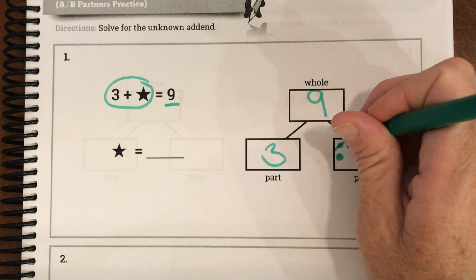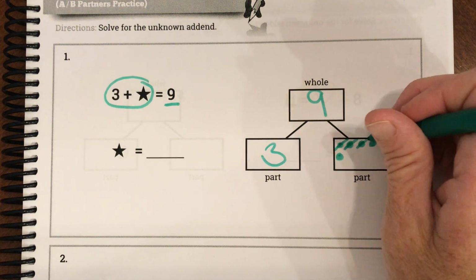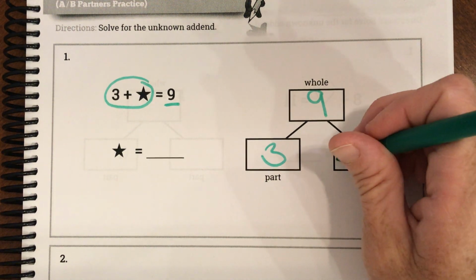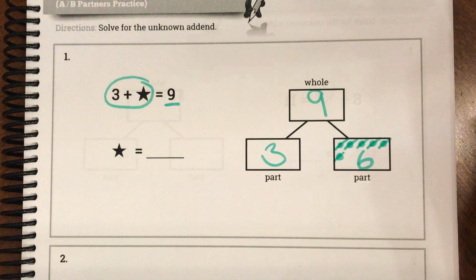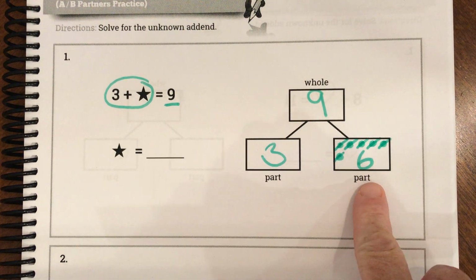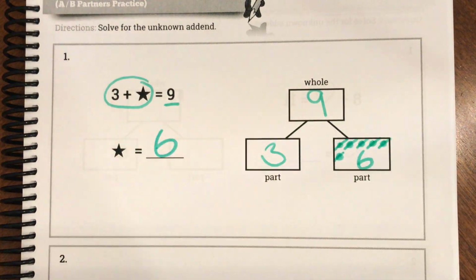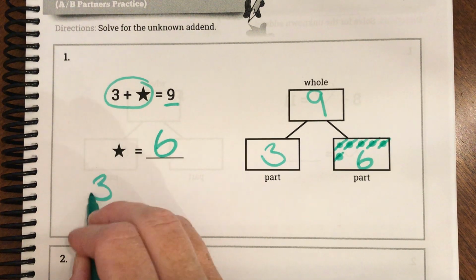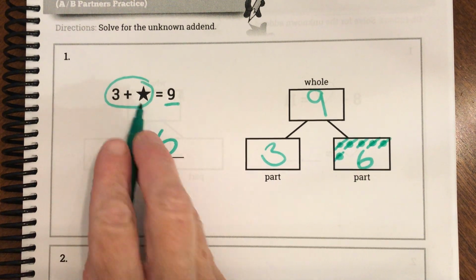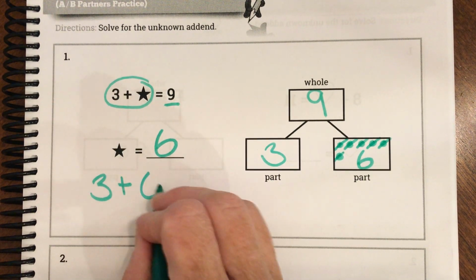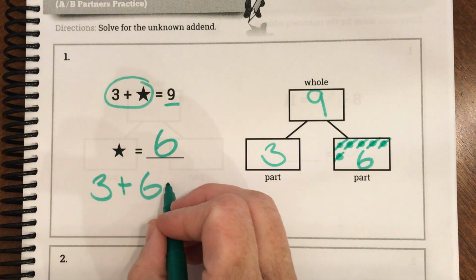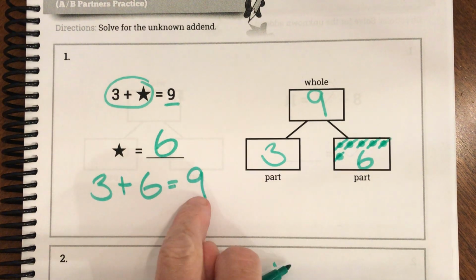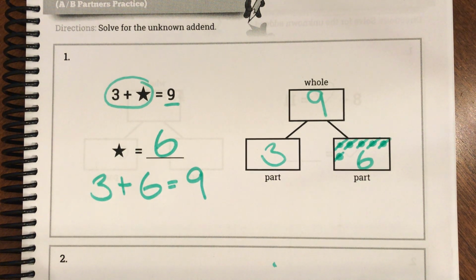Let's count them. 1, 2, 3, 4, 5, 6. Our second addend or second part is 6. That's what the star is. So let's write our equation. Our equation is 3 plus the star, which is worth 6. So those are our two addends, and they equal a sum of 9.